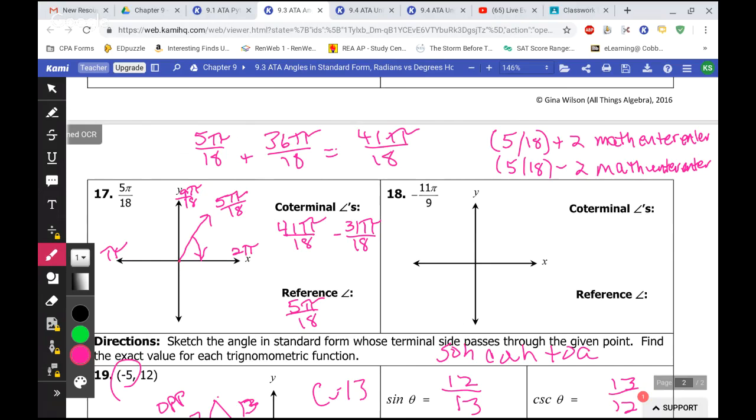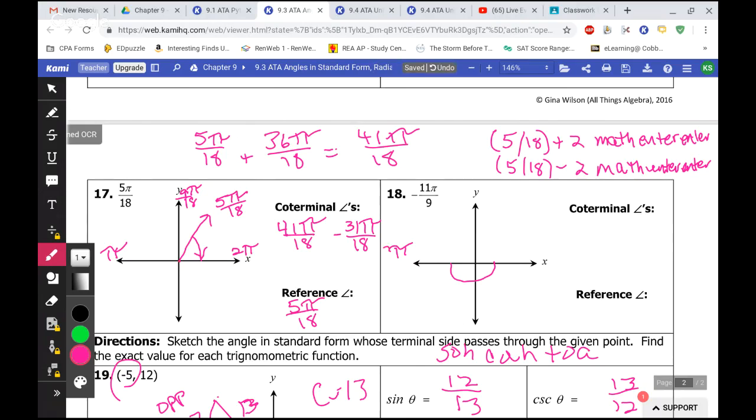I'm hanging out with you guys, so I'm going to work out number 18, Anna, with you. When it begins negative, it tells us we're going to roll in that clockwise fashion. So that means you're going to go over this way. And if this is pi, that would be 9 pi over 9 here.